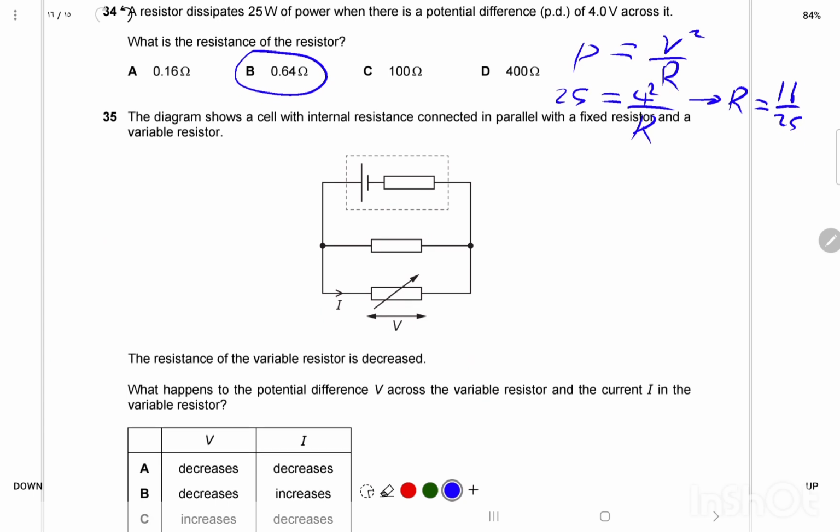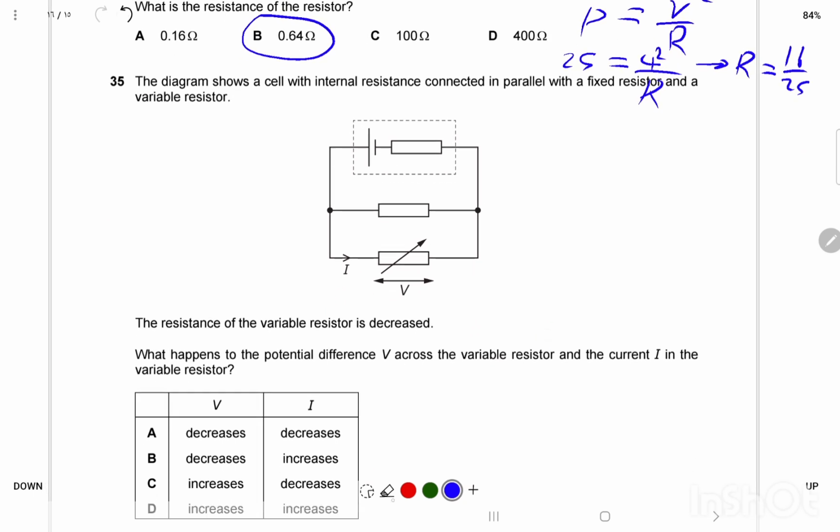Question 35. The diagram shows a cell with internal resistance connected in parallel with a fixed resistor and a variable resistor. The resistance of the variable resistor is decreased. What happens to the potential difference across the variable resistor and the current I in the variable resistor?